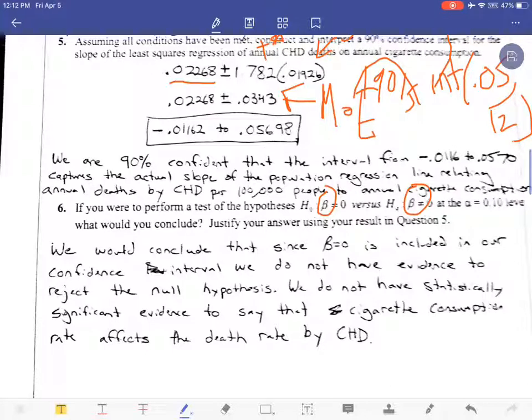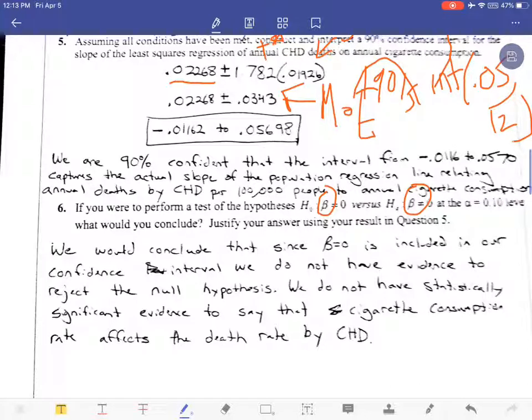So our interpretation, we would conclude that since 0 is included in our confidence interval, we do not have evidence to reject the null hypothesis. We do not have statistically significant evidence to say that cigarette consumption rate affects the death rate by CHD.